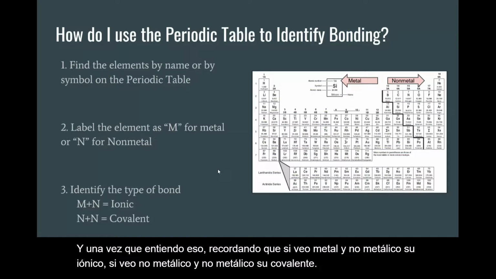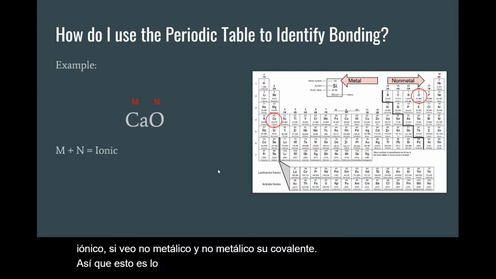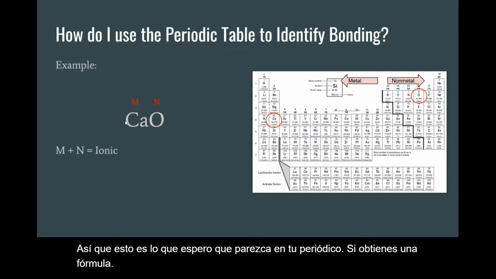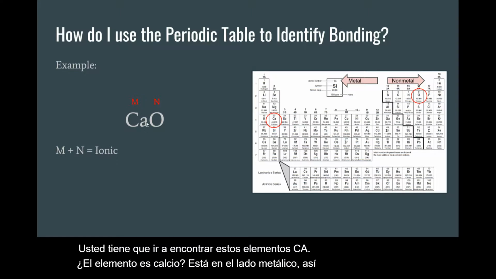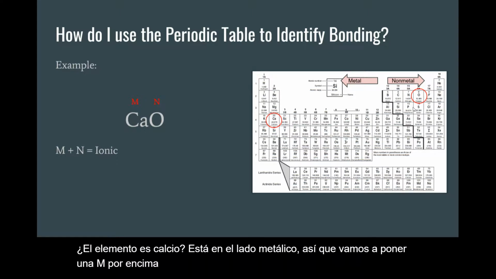So here's what I hope it looks like on your paper. If you get a formula like CaO, you have to go find these elements. Ca is the element calcium. It's on the metal side, so we're going to put an M above the Ca. O is oxygen. We're going to put an N above it because it's on the nonmetal side.